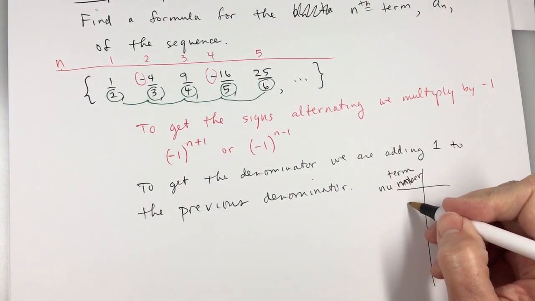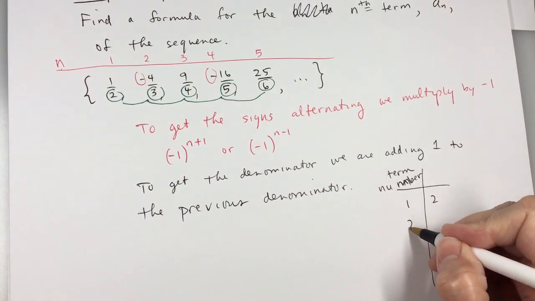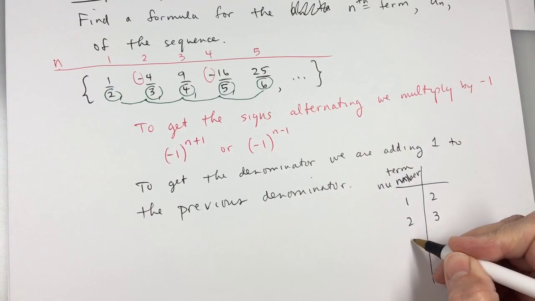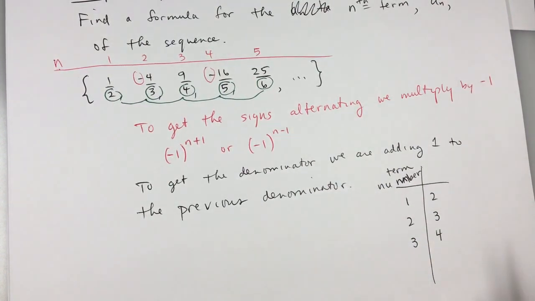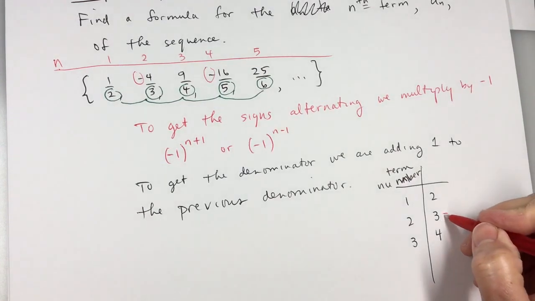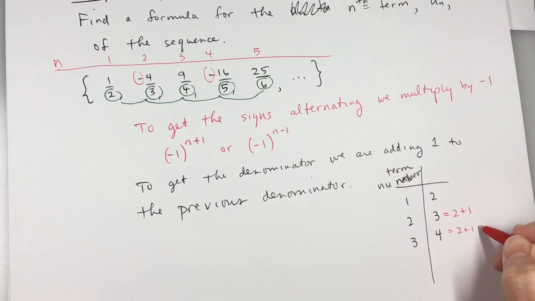When n is 1, the denominator's 2. When n is 2, the denominator's 3. When n is 3, the denominator's 4. But look at how you get it from the previous term. 2 plus 1, 2 plus 1 plus 1.